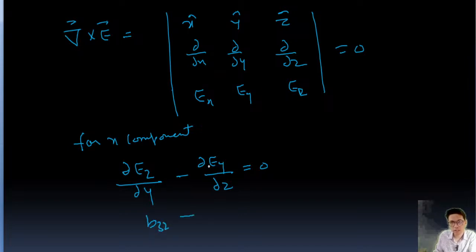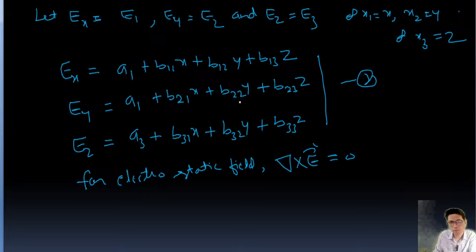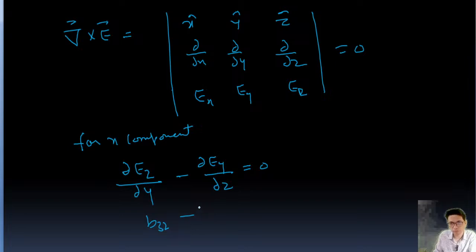Minus del Ey upon del z, which gives B23. That is going to be equal to 0. So the x component will be equal to 0.